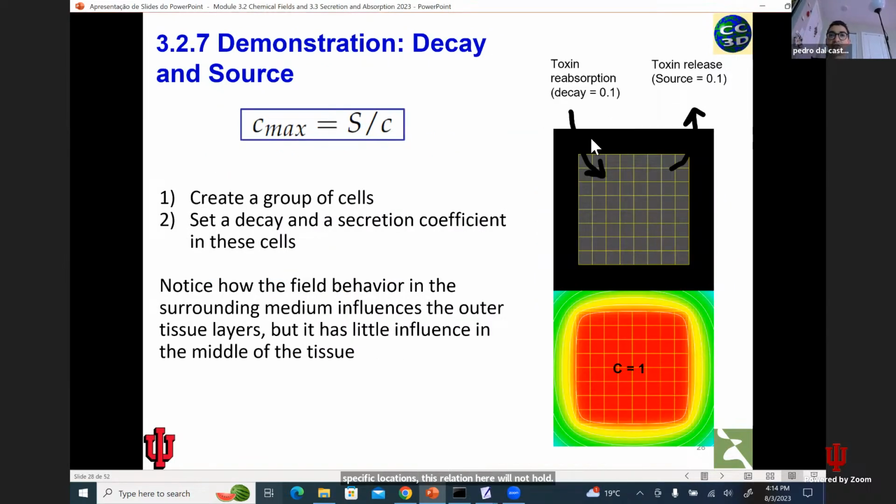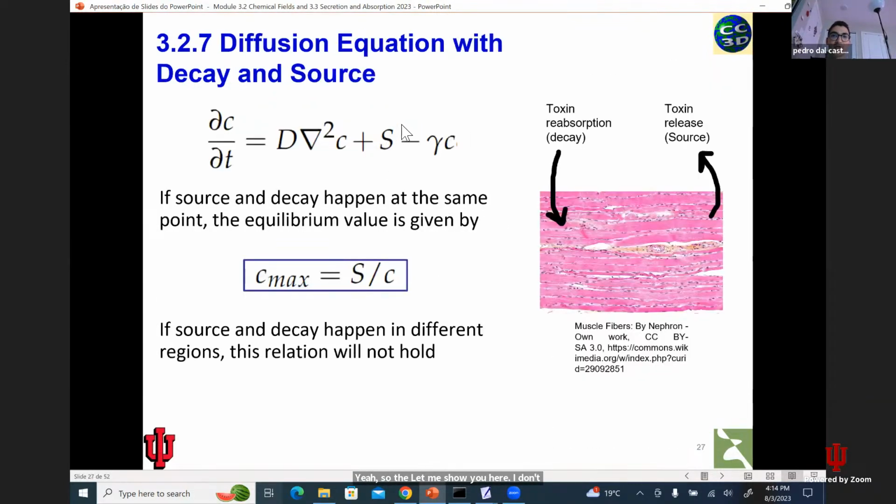There's a demonstration we can do about decay and source, which is creating a tissue, setting a secretion in the tissue, and a decay. Let me show you here. I don't know if you are familiar with these equations, but the sink is minus S. This is a source. If you invert the sign, if you put a minus here, this is a sink.